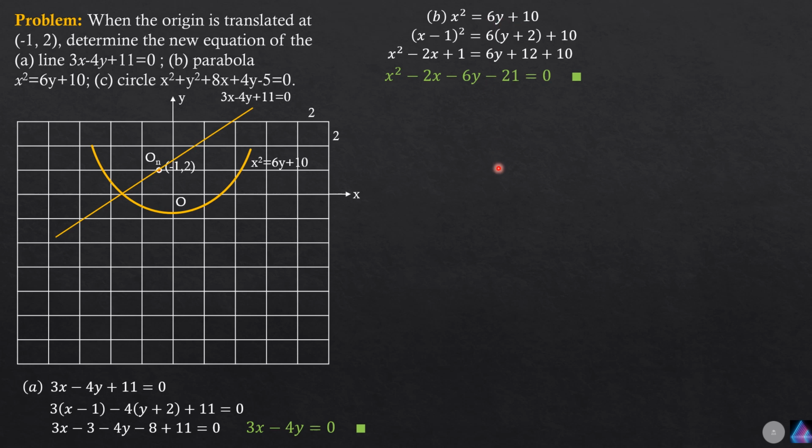So the vertex would be at (0, -5/3). This is the transformation from this equation to the standard form.